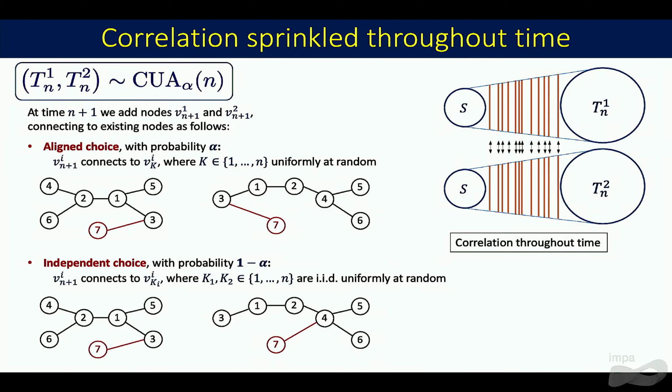At each time step, you either pick the node to attach to in an aligned way, so you attach to the node with the same label with probability alpha, or you do this independently. So that's the model. You have these aligned choice steps throughout the time evolution of the two trees.